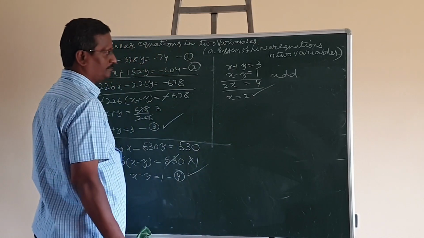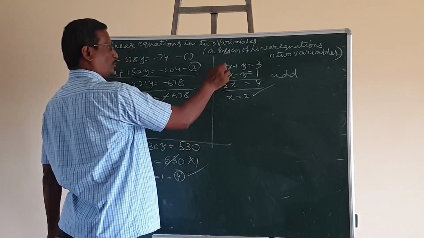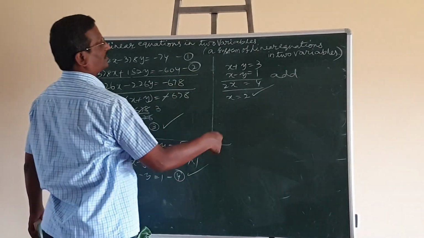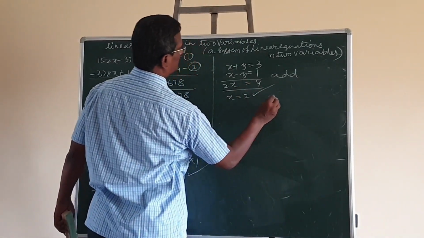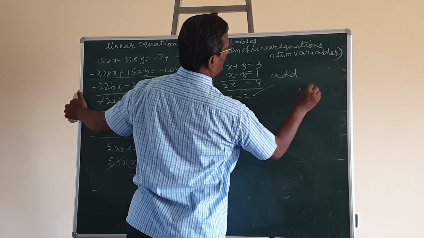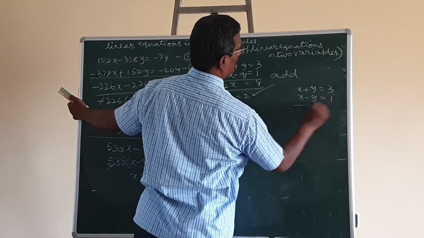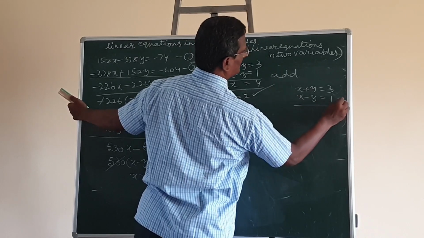This is the x value. Either by substituting x is equal to 2 in one of the equations or by doing subtraction. Suppose I do subtraction: x plus y is equal to 3, x minus y is equal to 1. This is addition, this is subtraction.